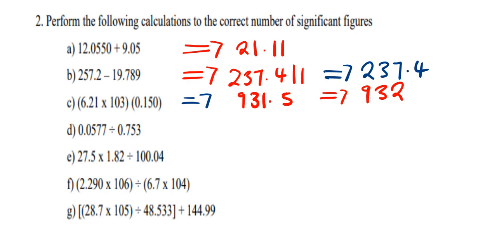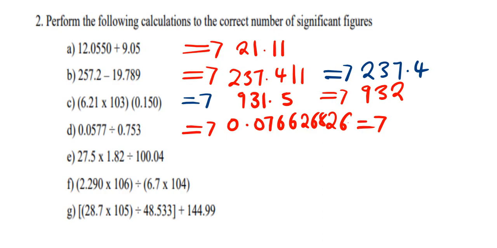Okay, now let's come to the next one. So we have 0.0577 divided by 0.753. Okay, so I'm getting 0.076626826.